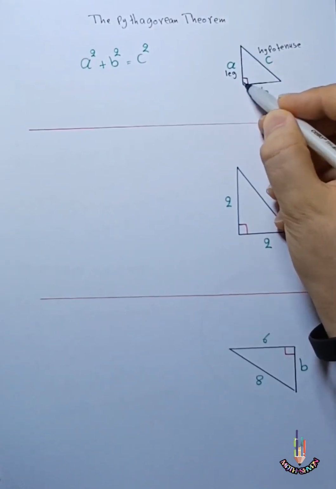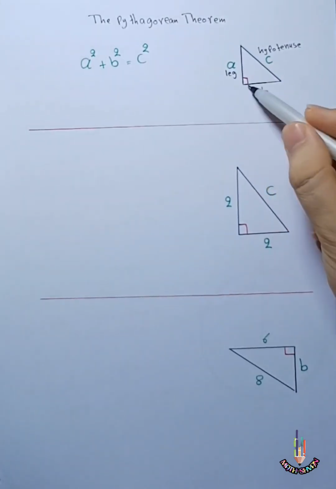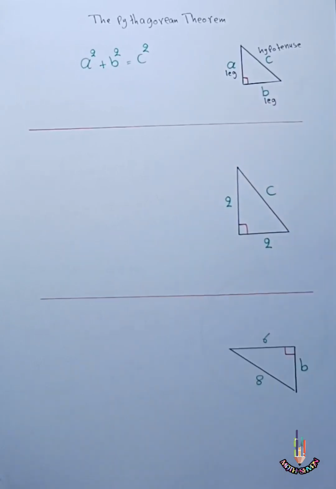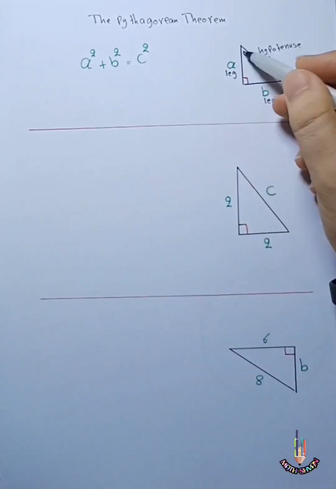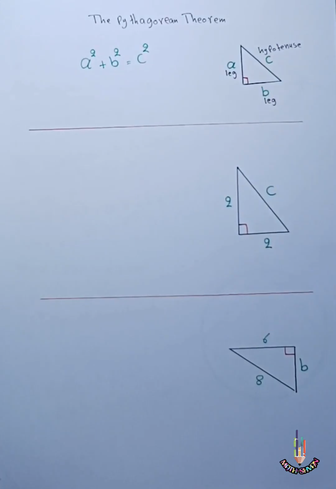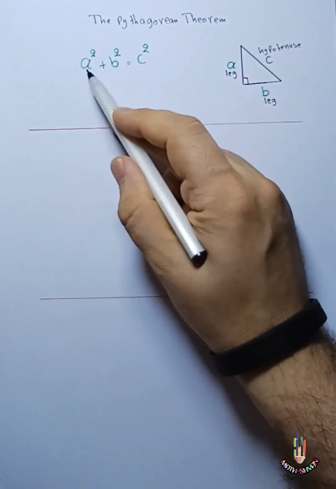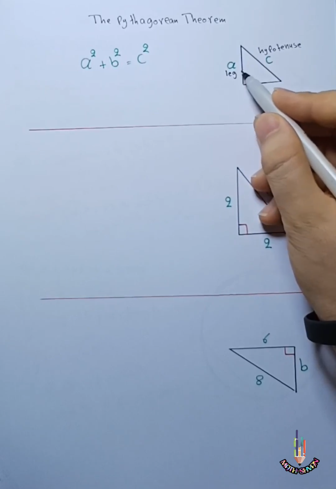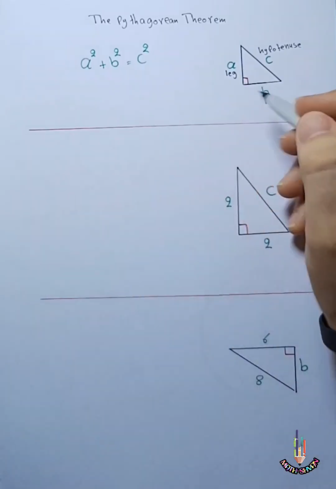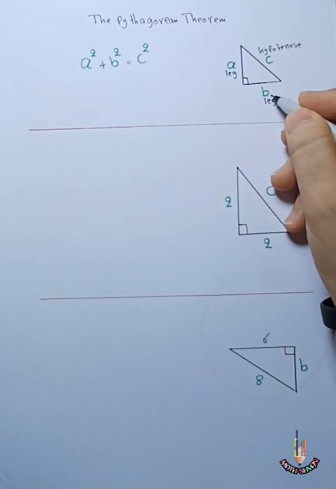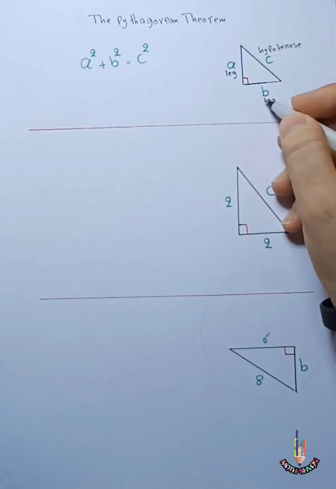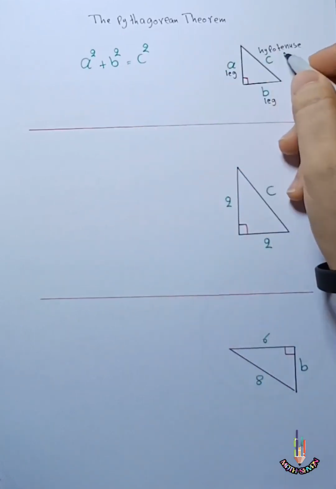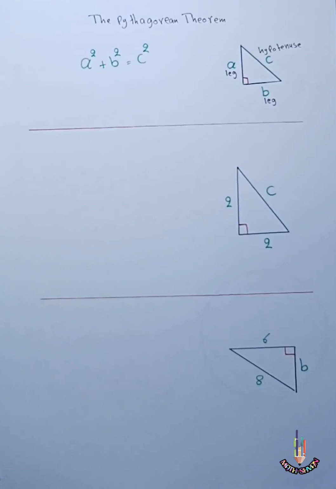This side is the long leg and this side is the short leg, and this side is called the hypotenuse. So a square means long leg squared, plus b square, which means short leg squared, equals hypotenuse squared.